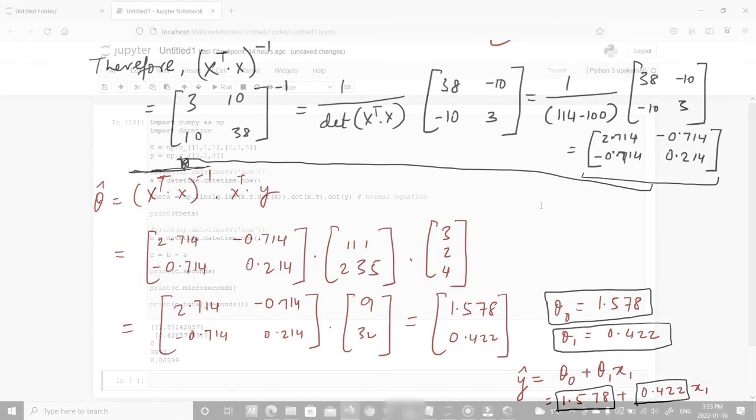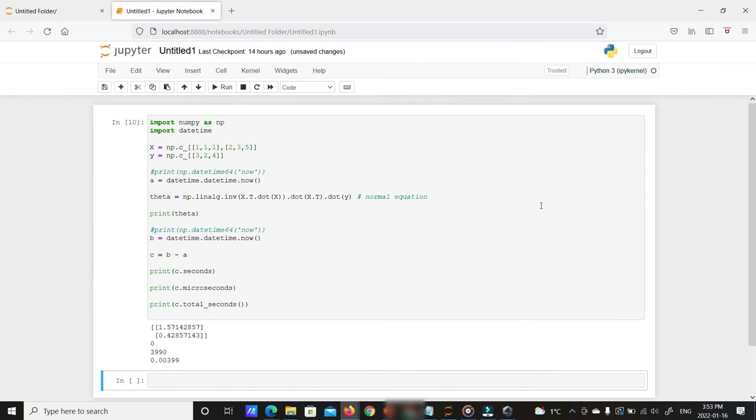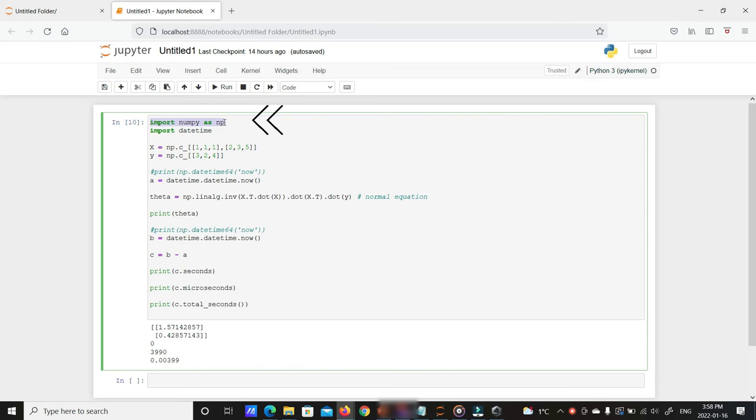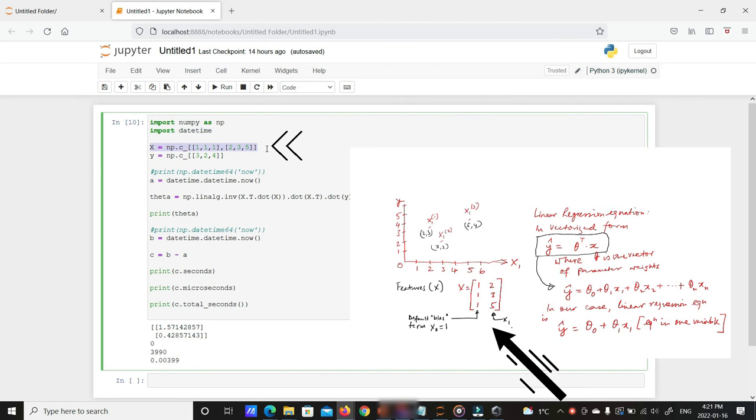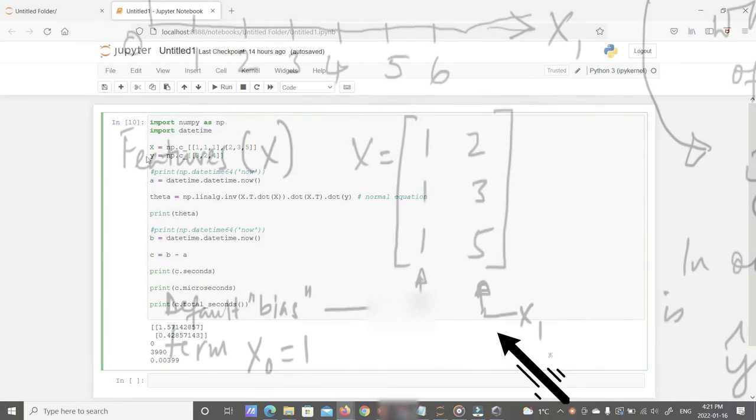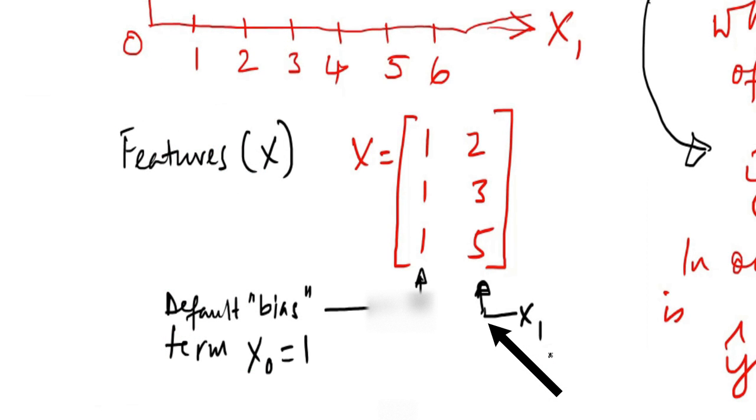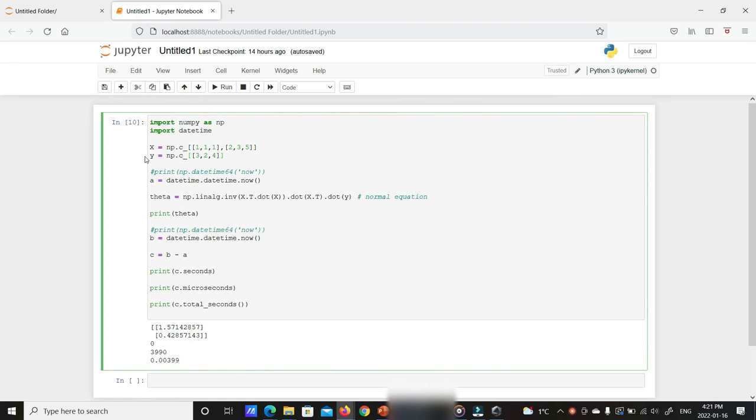Let's now compare our results with the output of a short Python program that implements the normal equation. Note, I'm using Python 3. I'm using the NumPy library for my implementation. I define the x values here. Here is how it maps to the matrix of x values I used in my hand calculation. Y values are defined here.